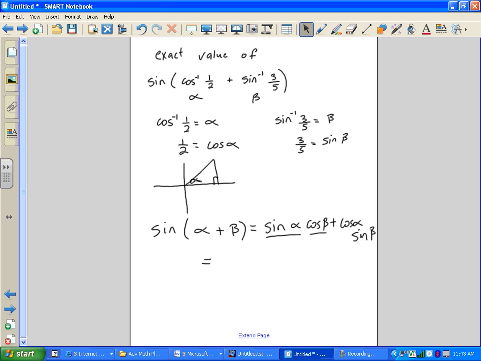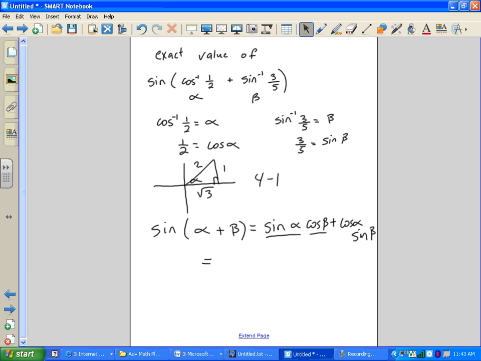And so cosine is opposite over hypotenuse. So that side would be 1, this side would be 2. Now by the Pythagorean theorem here, we could say 4 minus 1, that's 2 squared, minus b squared would be 3. And so this side would be square root of 3.